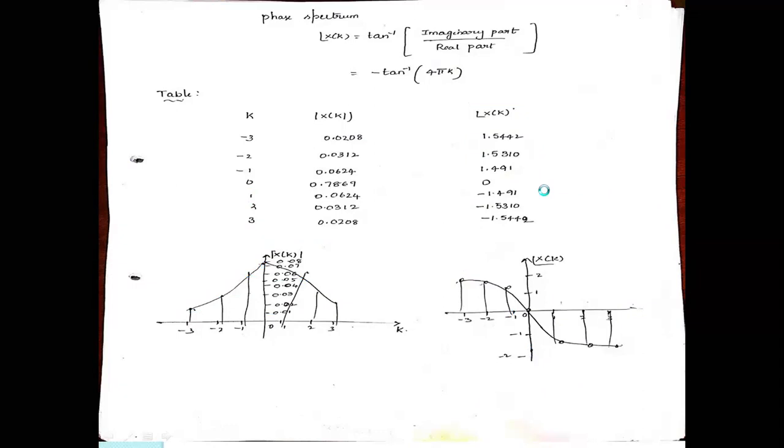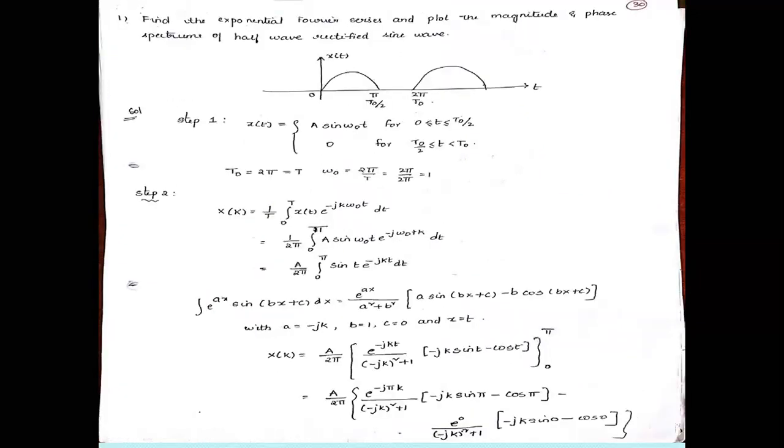So like that, we can find all the Fourier series classifications: exponential, compact, and trigonometric Fourier series.